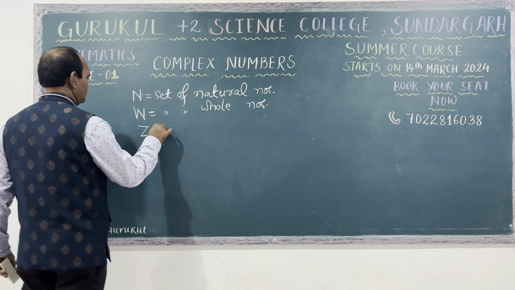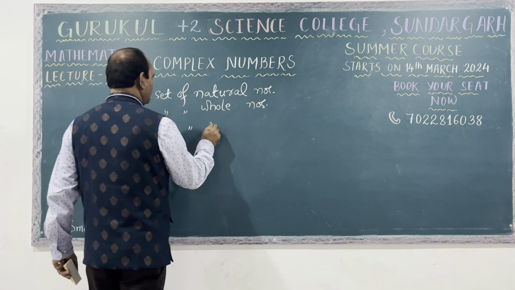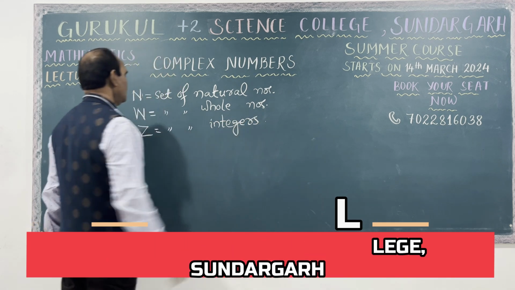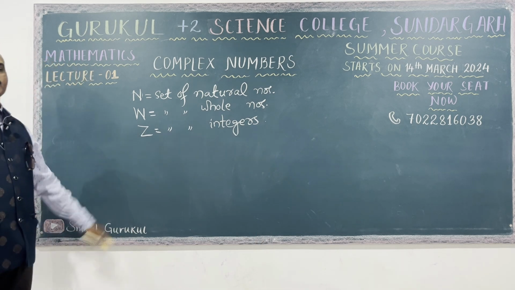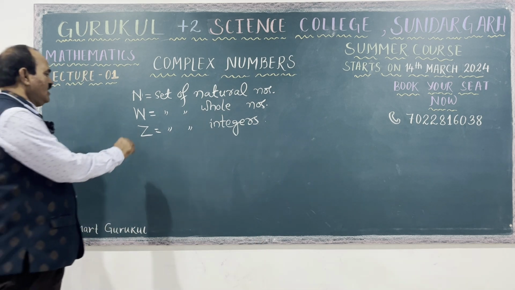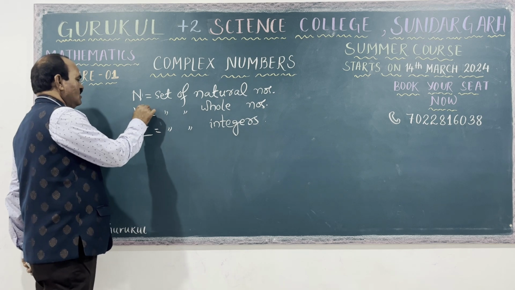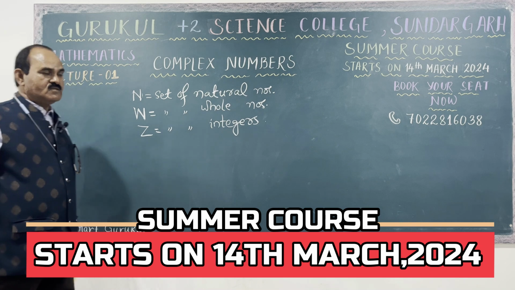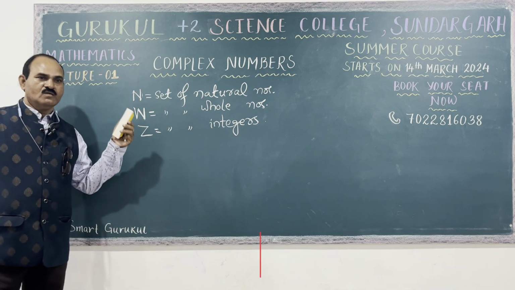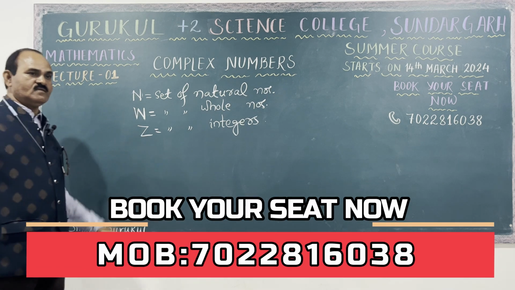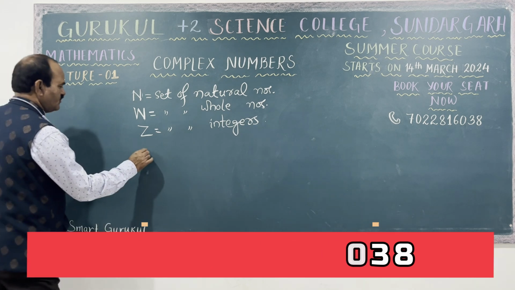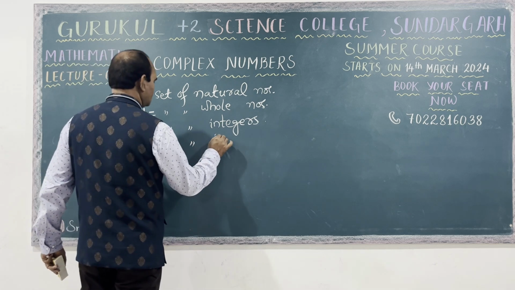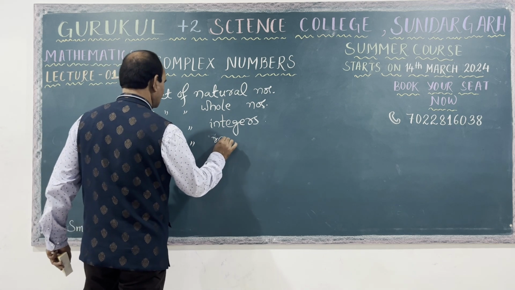Then the Z set, the set of integers. Gradually I am going to write the sets which are increasing, meaning N is a subset of W, W is a subset of Z, Z is a subset of Q, the set of rational numbers.